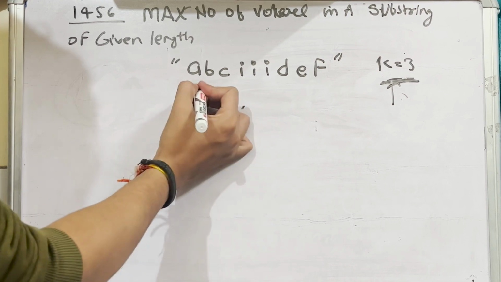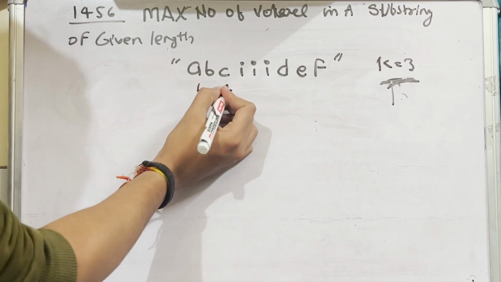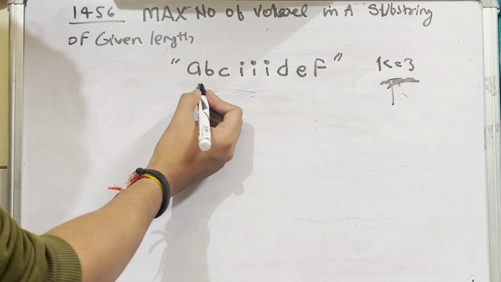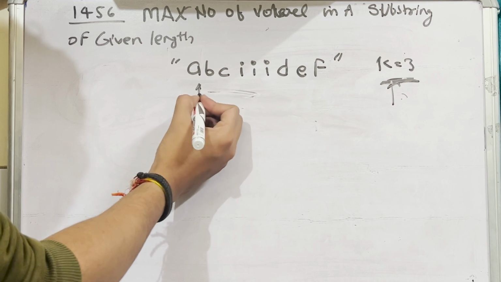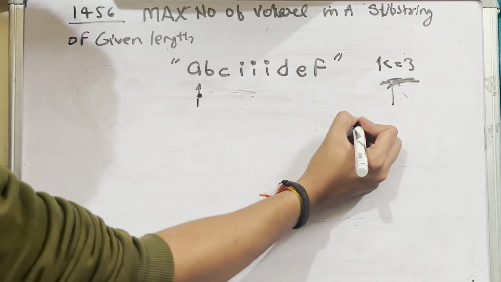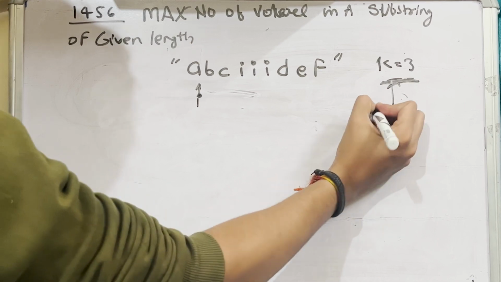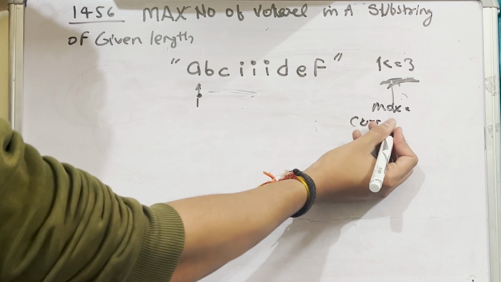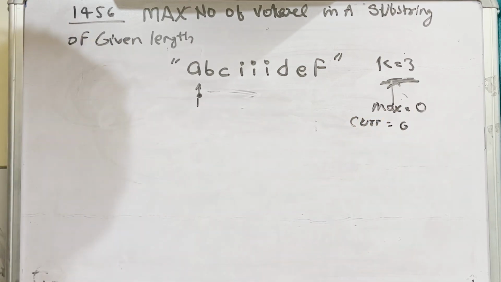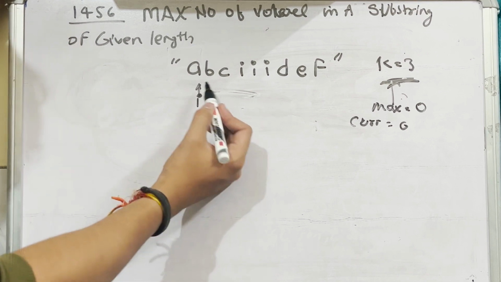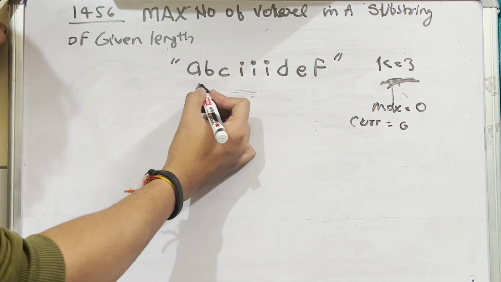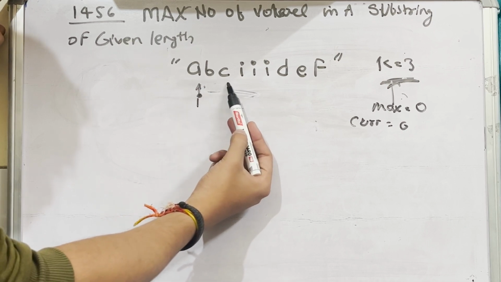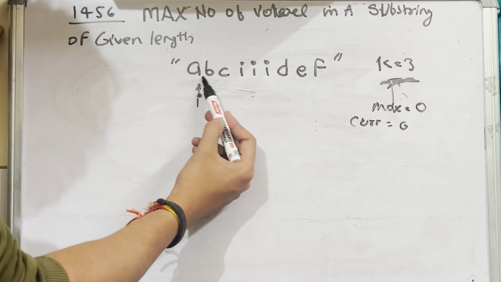For example, you create a window, you will select a substring. First you will have a pointer i here, then you'll have another pointer j. This will be your max count, and that will be your current count. Let me store it, it's 0, it's 0. So if you have i here and j here, then you move your j to the next, then next. You'll keep checking if this character is a vowel.